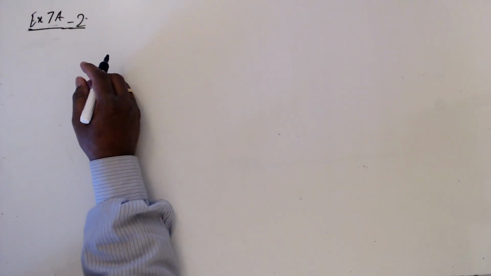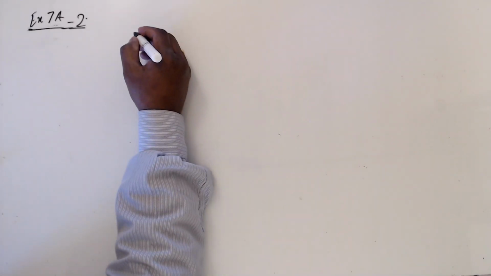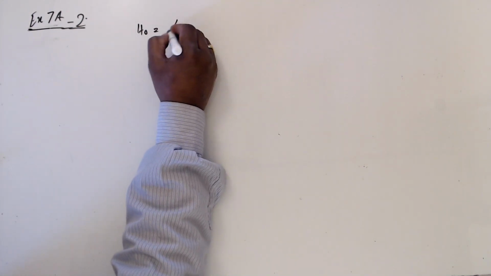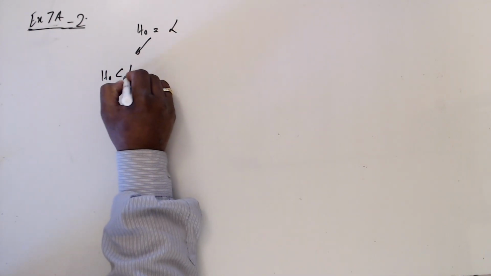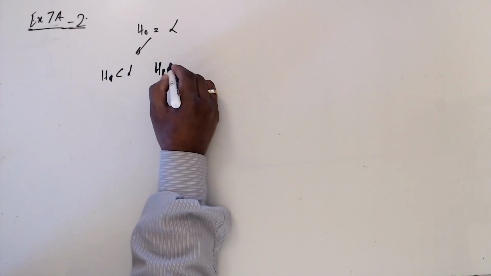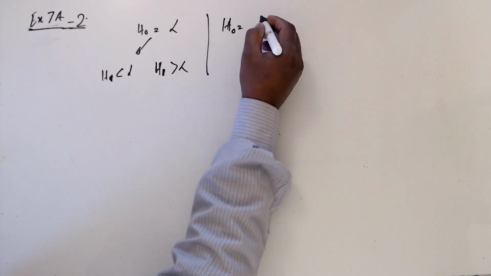Question number 2. Explain whether this is a one-tail or two-tail test. So we know that H naught is alpha. Then we have two options: the alternative H1 less than alpha, or H1 greater than alpha, and the null hypothesis H naught alpha.